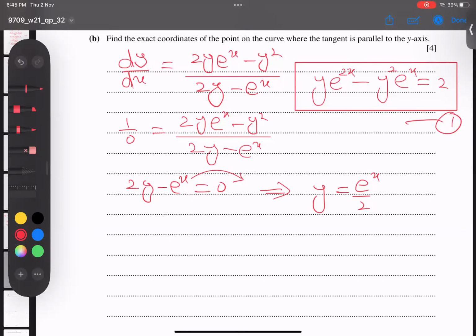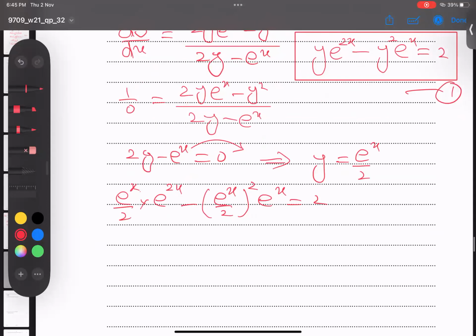So put in 1. When I put this value here, students, I get e to power x by 2 times this. When I plug in this value here, the power 2 on the top squares the whole thing, so it will look like this, and the top value will stay there.